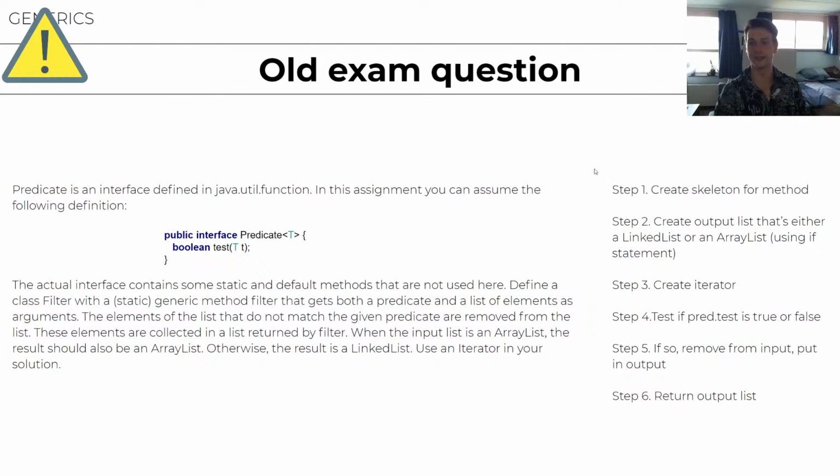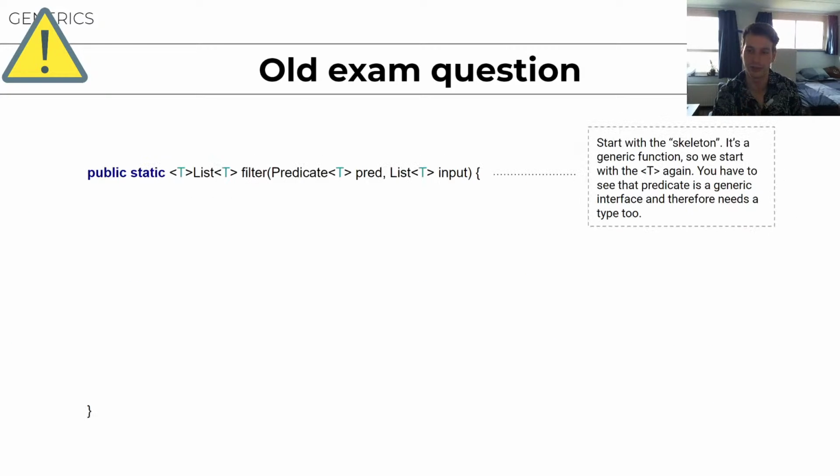First I created these 5 steps, essentially by writing down the things that I highlighted in the text. The slides will also be shared later, so you'll be able to see these steps. First, we start with the skeleton. We know that it's a public static generic function, so we start with public static <T>.